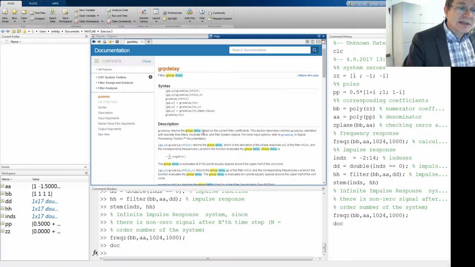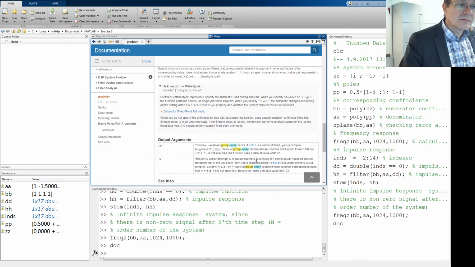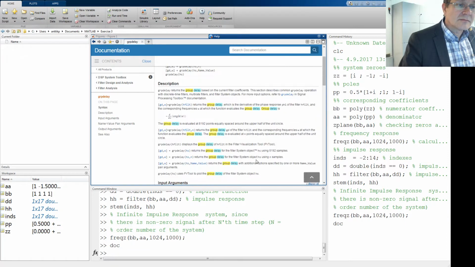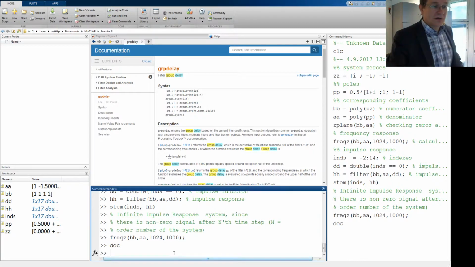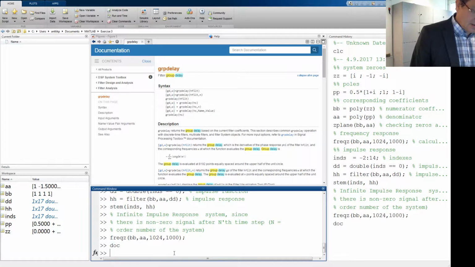Richard's group delay based. Well, we'll see. We'll see if it also works with the old-fashioned way. Group delay, B, A. Let's see, does it give anything by that?